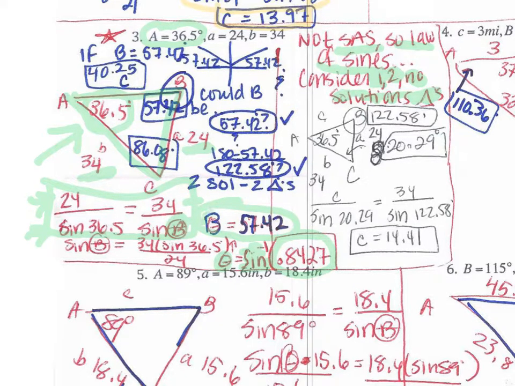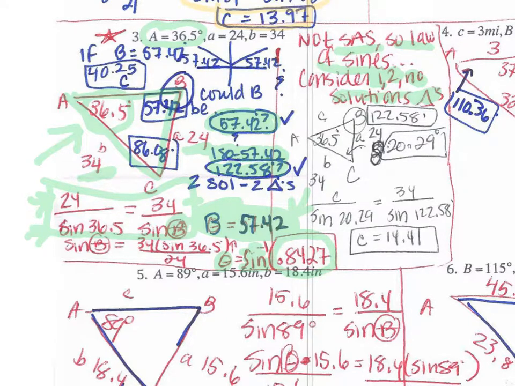Now because it's law of sines, we need to consider the two options. We can't just fill in 57.42 and then fill in the last angle and be done. So remember, for law of sines, you ask yourself, could it be the angle I just found, 57.42? And could it also be 180 minus that angle, 57.42, so could it be 122.58?